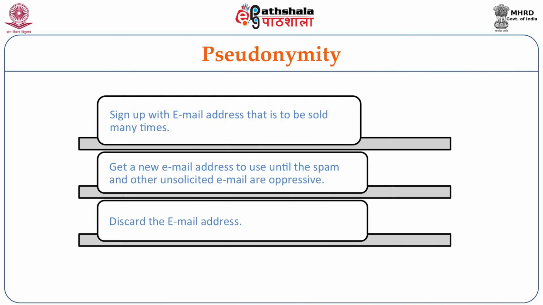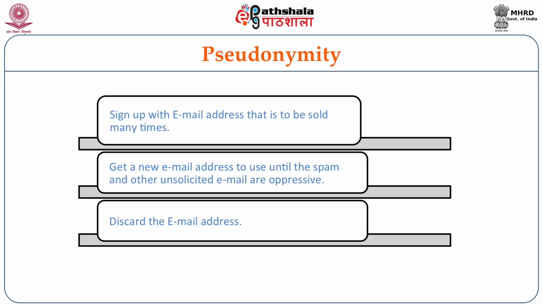Next is pseudonymity. Pseudonymity says there are multiple identities, and those are convenient. They may have a professional email account and a social email account. There are also disposable identities, where you use an identity for some time and then you stop using it.